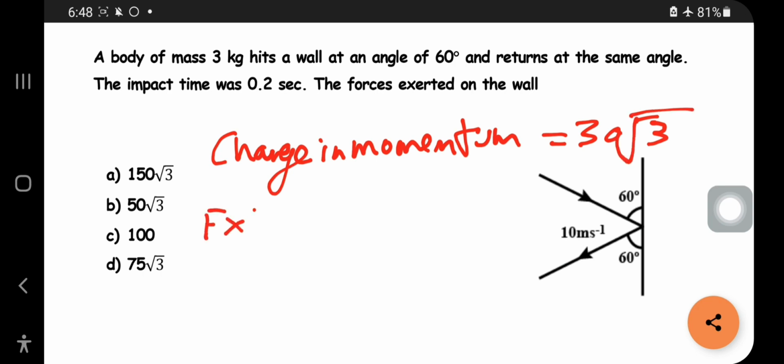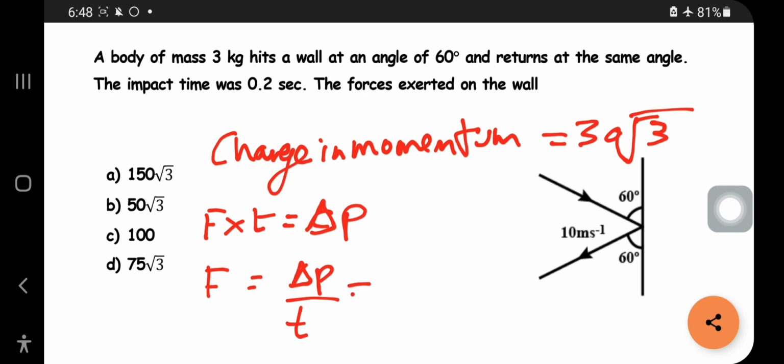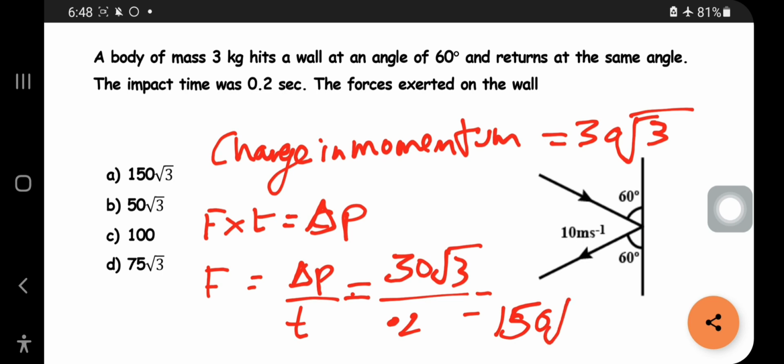Force into time is equal to change in momentum. Force is equal to delta P by T. Delta P is 30 root 3. Time is 0.2, which will give you 150 root 3. So the option is this one. This is an important question expected for your exam, guys.